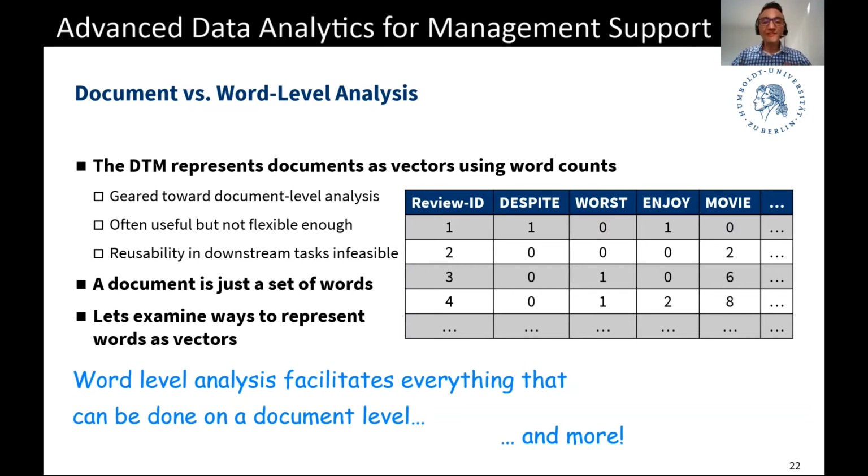And then, roughly speaking, we could make the point that if you can carry out some analysis at the word level, you can do everything that you can do on a document level, but also some more. A document, after all, is a composition of words, because text has a hierarchical structure. So in the remainder, we look at words.